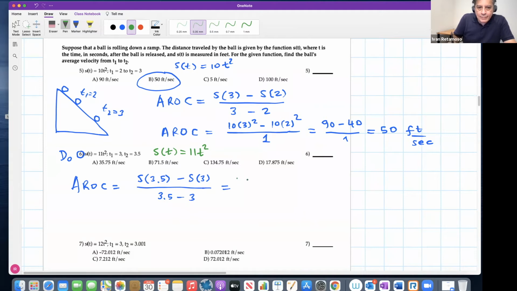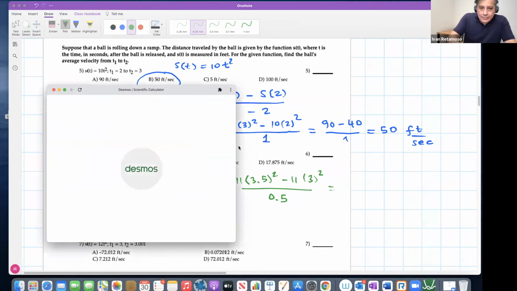This should be 11 times 3.5 squared minus 11 times 3 squared, and divided by, this difference is 0.5, right? 0.5. When you compute this in the calculator, what do you get?